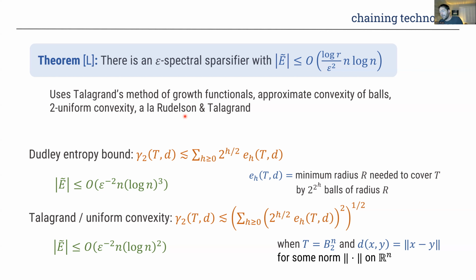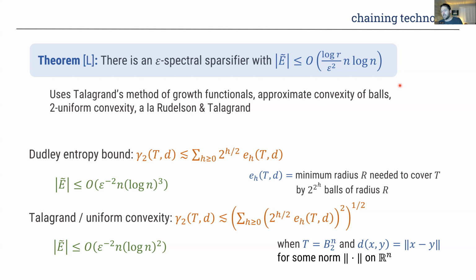Nevertheless, the proof based on growth functionals exists as a tech report, and is also expounded upon in I think the last chapter of Talagrand's book on generic chaining, Upper and Lower Bounds for Stochastic Processes. The last chapter is about applications to Banach space theory, and Talagrand espouses his perspective on Rudelson's construction of majorizing measures there. In order to prove this theorem, one really has to dig into it.